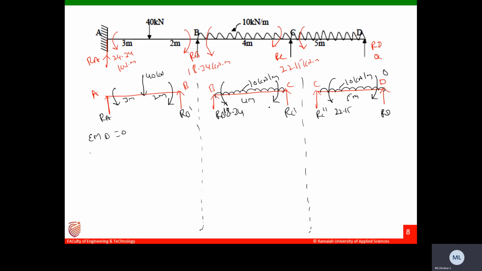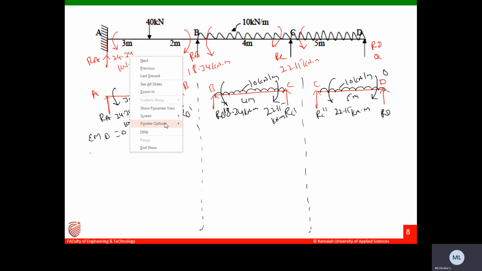Here I have 22.15 kilonewton meters. This is kilonewton meter, this is also kilonewton meter, and this is kilonewton meters. Here 24.34 kilonewton meters, and this is 18.34 kilonewton meters. Okay, now I have shown that.